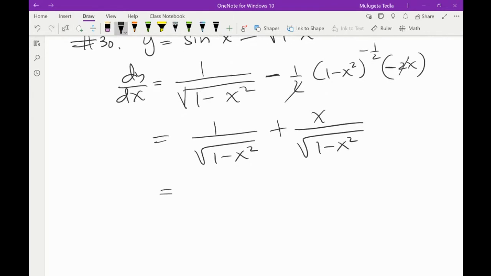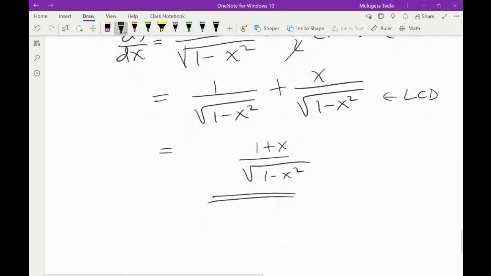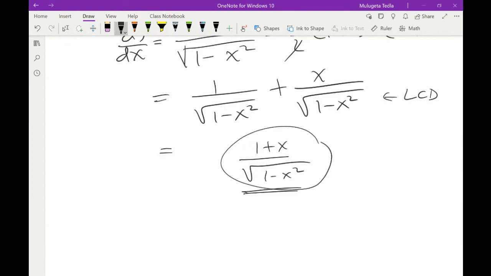And fortunately, we have the same denominator. The lowest common denominator is the square root of 1 minus x squared, and then 1 plus x is the answer. That's coincidental. So this is the answer for this.